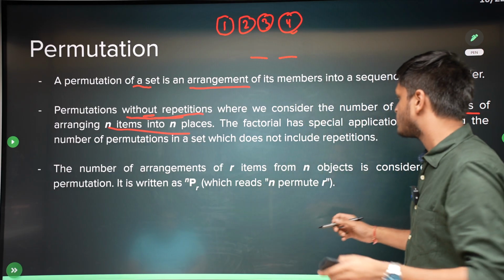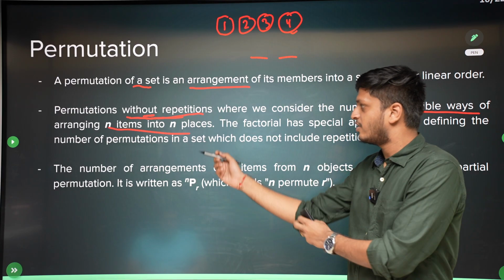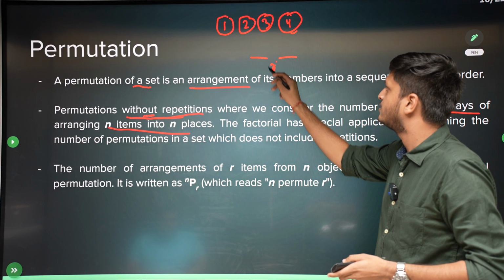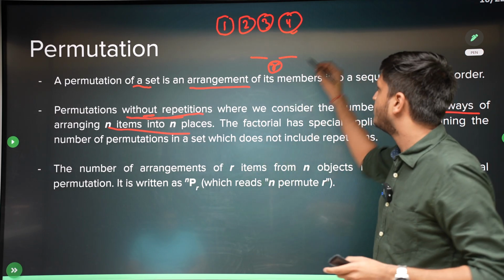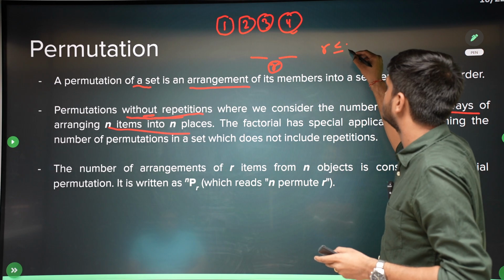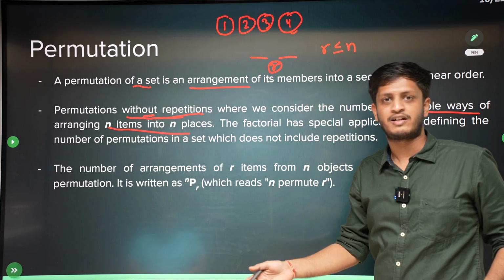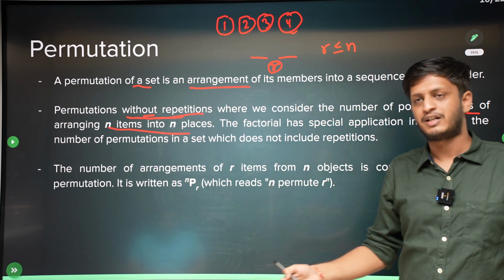Now the interesting thing is, why are we learning permutation? We already know factorial, right? If you have to arrange n objects in r places, r will always be less than or equal to n. Why? Very simple, you cannot arrange 4 objects in 5 places. One will remain empty.